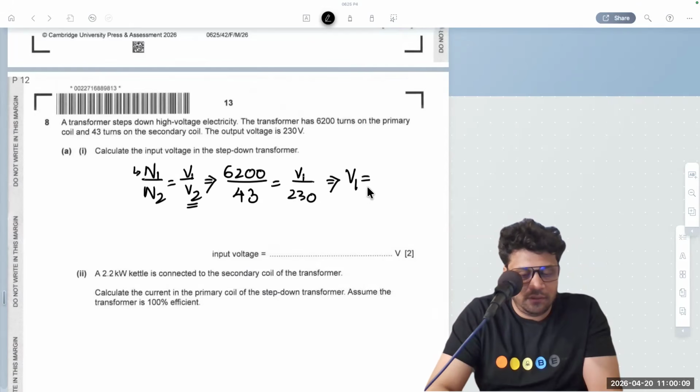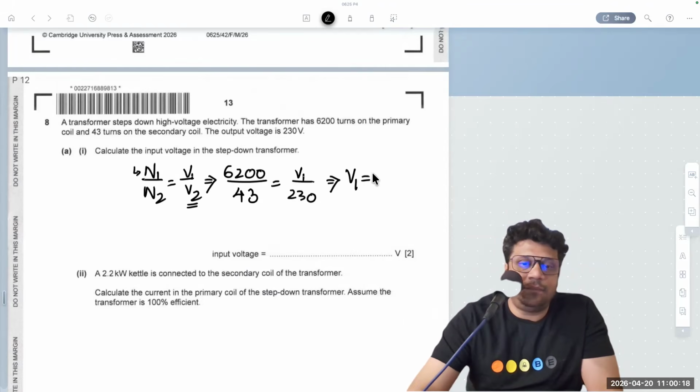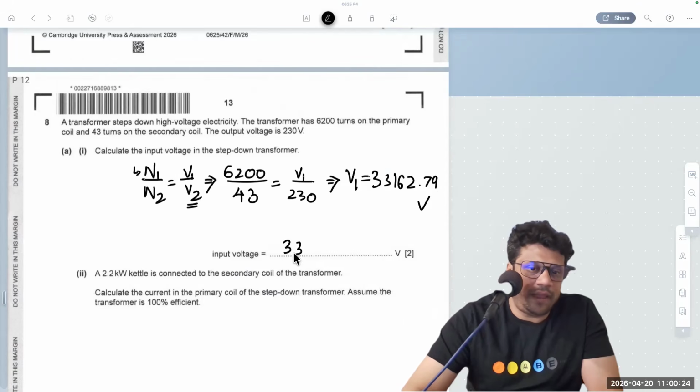6200. That's about 33162.79 volts. I'll put it up as 33,000 volts.